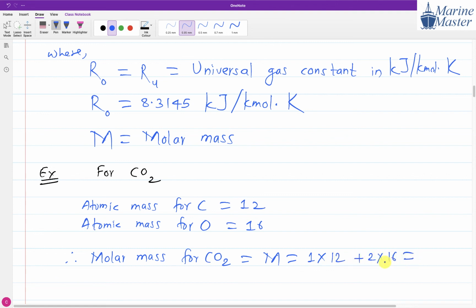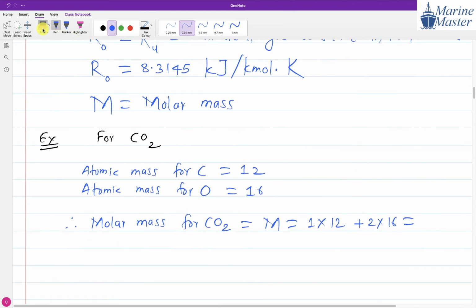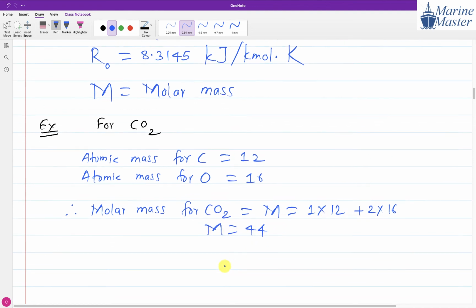So the value of capital M will be 12 plus 32, that is 44. Don't worry about its unit.